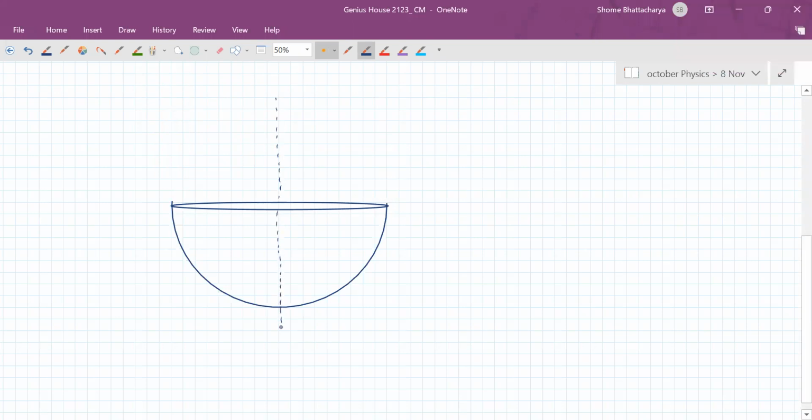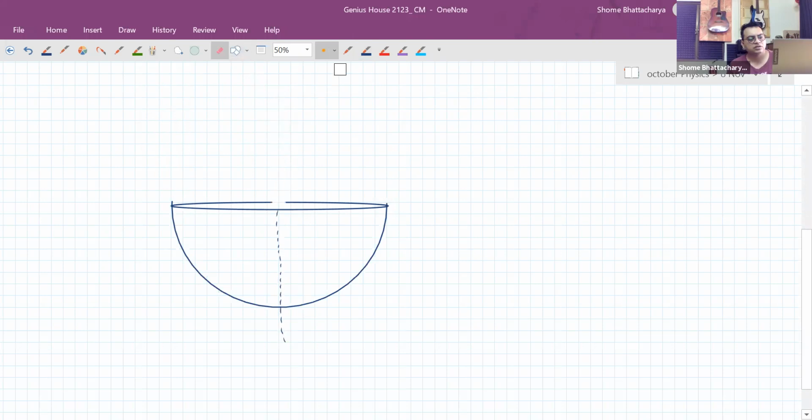So if I name the center of curvature of the hemispherical surface this point O over here, and the particle is P, so this angle here is theta. Okay, so now where should I draw the centrifugal force vector?